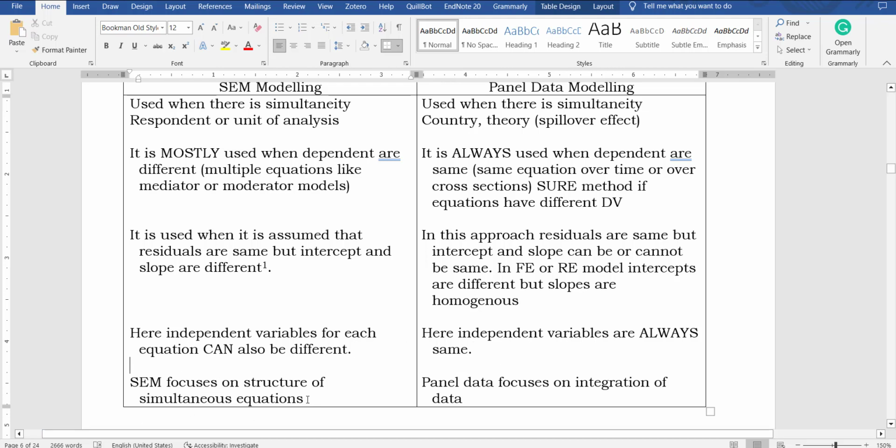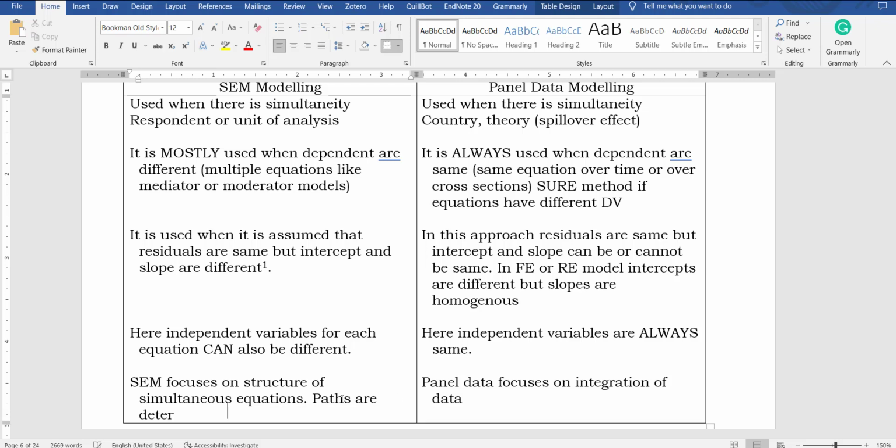SEM focuses on the structure of simultaneous equations. It focuses on how the structure is coming together, how the mediators and moderators are related, how the paths are determined from the item of IV to the item of DV.